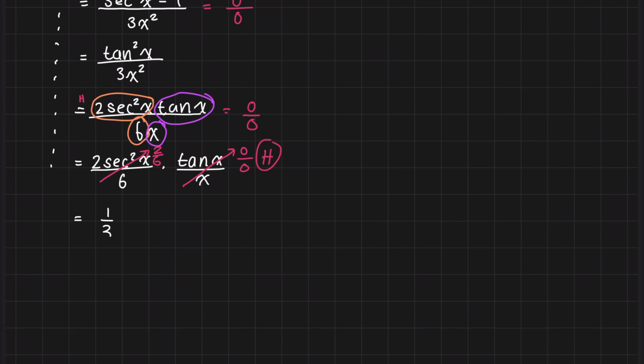We have 1 over 3 that we've just pulled out as a constant, and we don't have to L'Hopital that because it's just a constant. So now we can just look at the tan x, and the derivative of tan x is secant squared x, and the derivative of x is just 1, which is great. Now we get a 1 on the bottom, and we know that secant squared x approaches 1 when x goes to 0. So we just have 1 over 1. And that means that our answer to this question is 1 over 3.